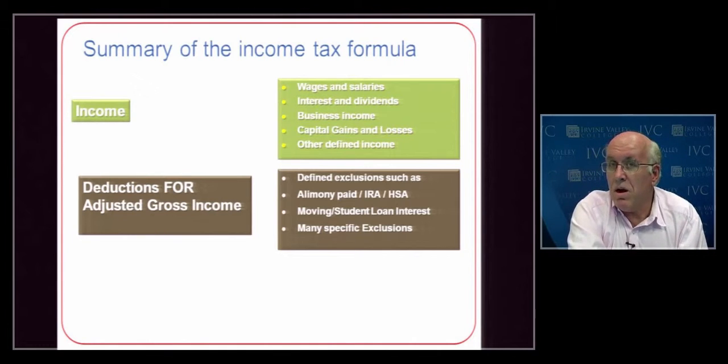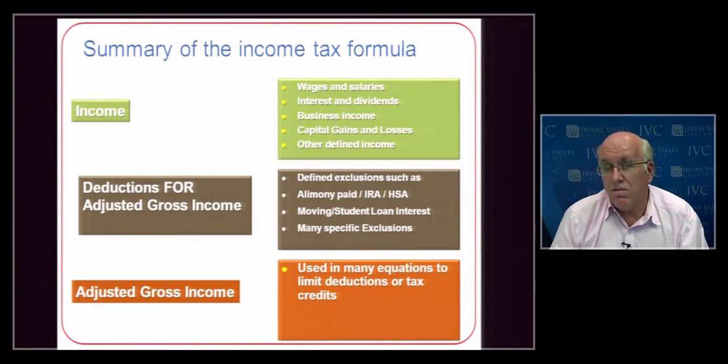And those are items that Congress has given an exclusion from adjusted gross income. Once you compute the adjusted gross income, that's a very important number because that number is used to compute the percentage of deductibility of many other items on your return.